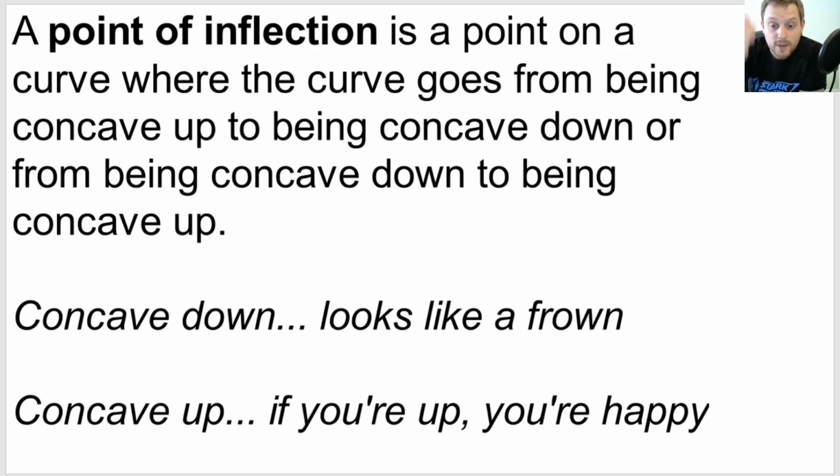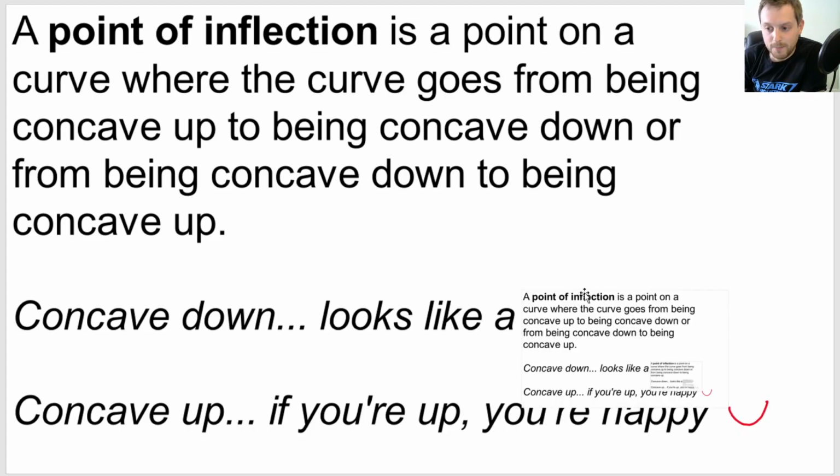You're concave down if the bit of curve looks a bit like a frown, if it would form part of a sad face. I'm going to try to be consistent with my colours here. Being sad, you feel blue. Being happy, well, I'm not sure you'd say you necessarily feel red, but we're going to use red for happy.